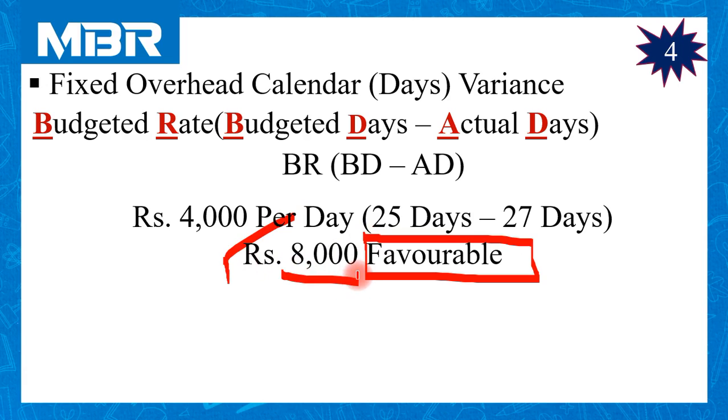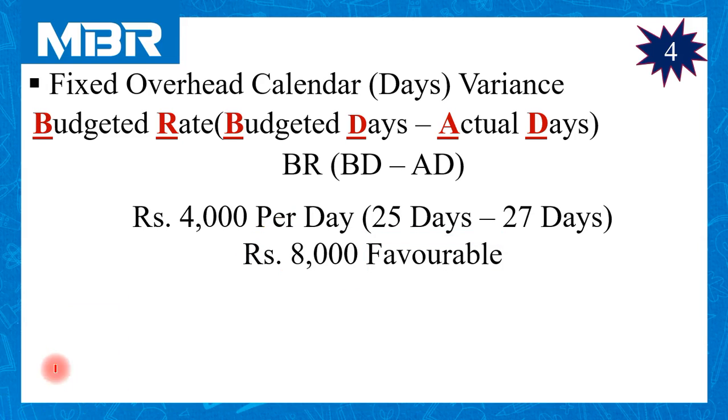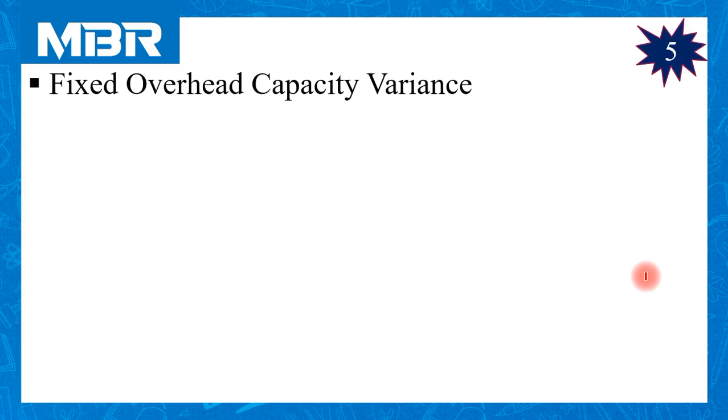As I said, in case of fixed overhead variances, calculation is based on a different momentum and a different understanding. So it is necessary for you to understand everything very precisely. After calculation of the fourth variance related to fixed overhead, let us move to the fifth. It is all about fixed overhead capacity variance.